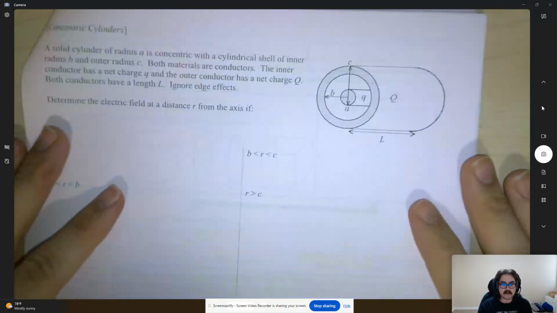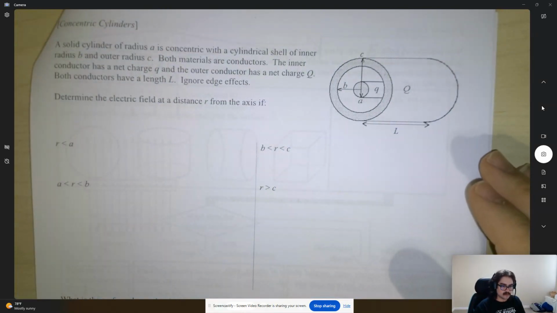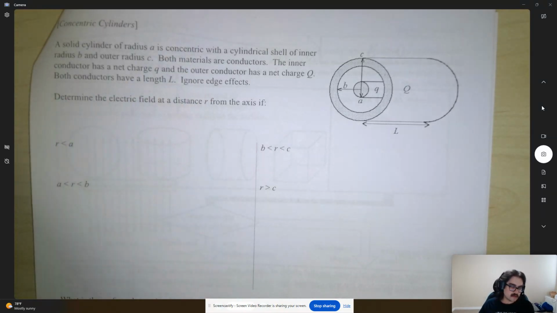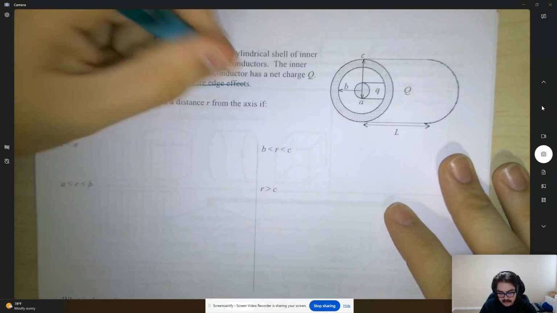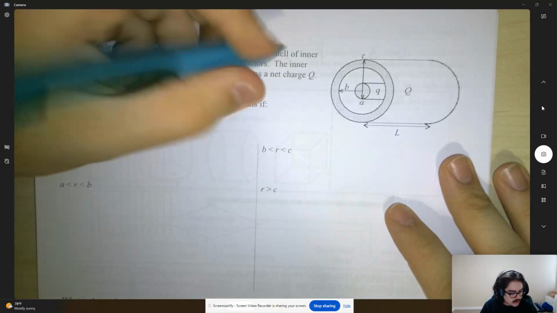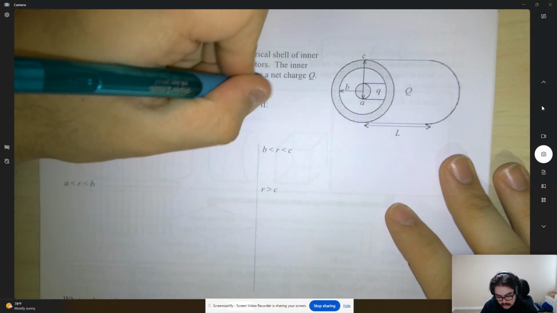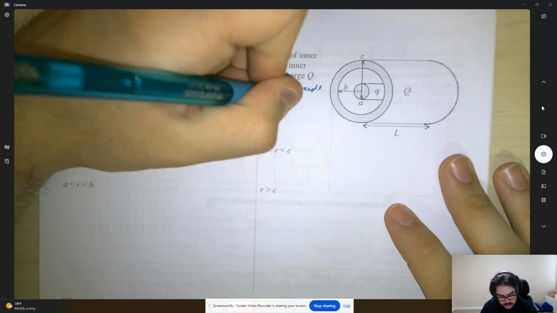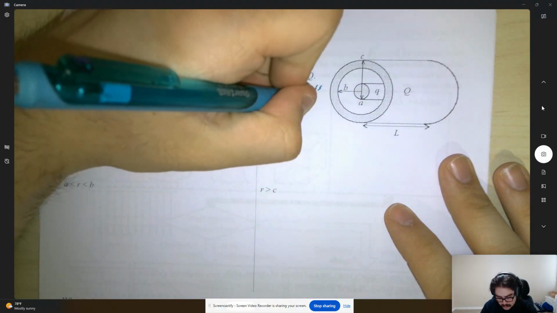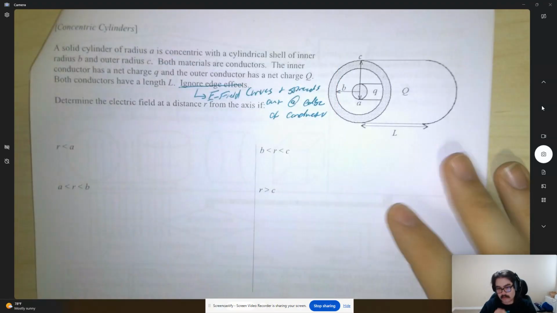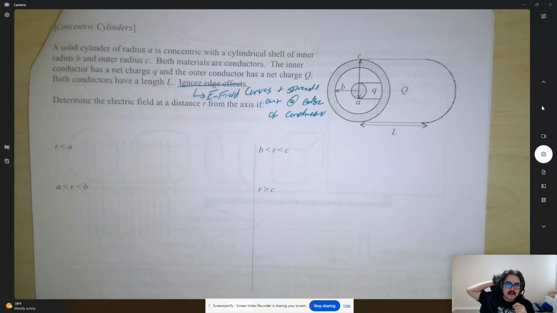The next page talks about concentric cylinders. You see this phrase right here that says edge effects, or you might see it also referred to as fringe effects. This is when the E field curves and spreads out at the edge of a conductor.